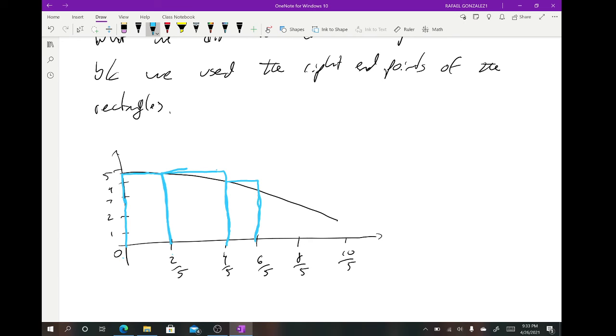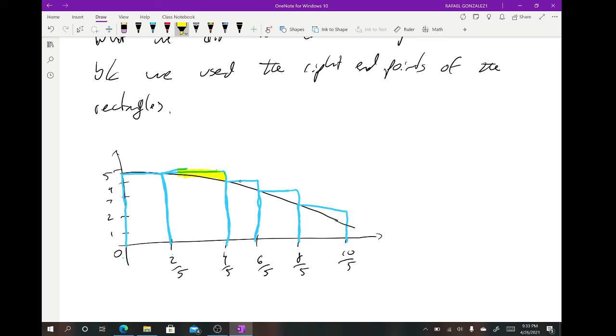Then back up to the graph, across, and then down, and finally up and across and then down. Now notice that here we will have an overestimation. In the other one we had an underestimation.